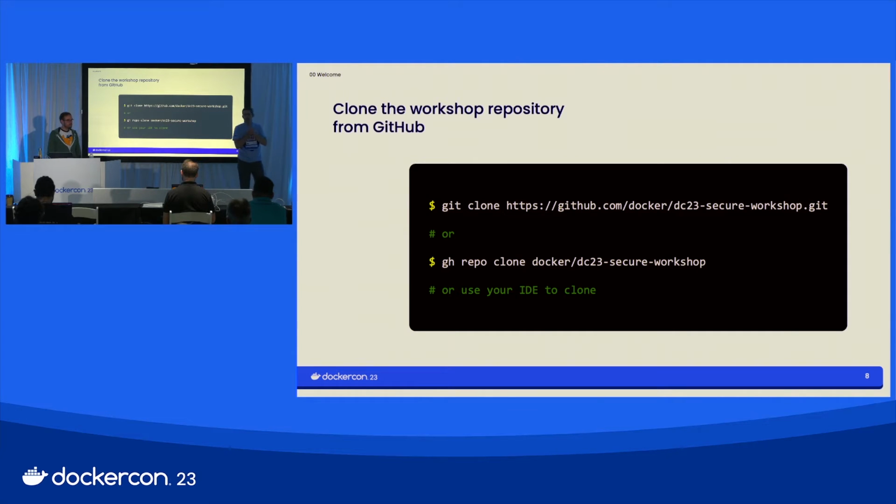How are folks doing with the Docker Desktop and the GitHub repository? One thumb up, two thumbs up, two thumbs down? I see people with one thumb up, so I'm guessing that means you have Docker Desktop. Okay, we're going to go left thumb is Docker Desktop, and right thumb is GitHub repository. All right, I'm seeing some double thumbs. Okay, looking good. Oh, we got one sideways. That's in progress, I'm going to guess.